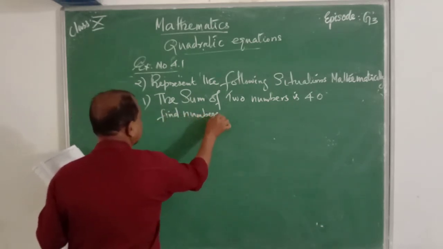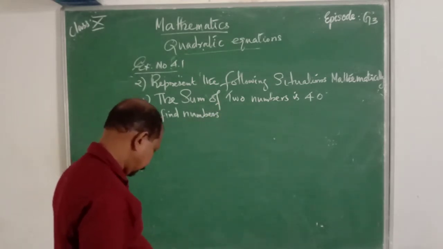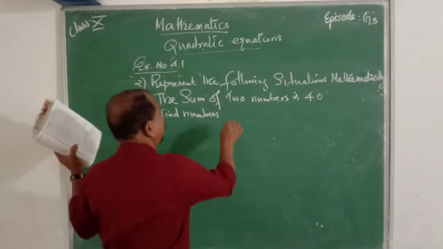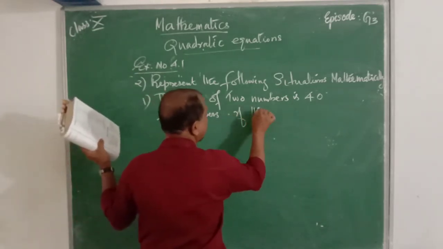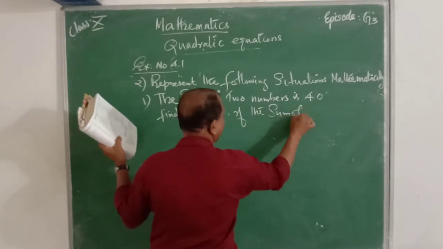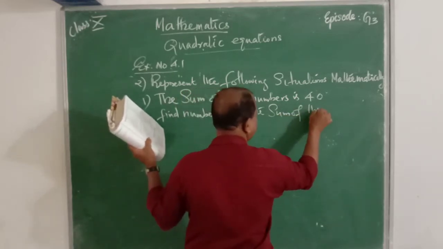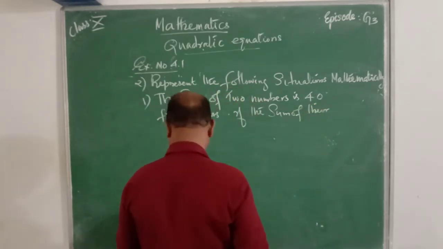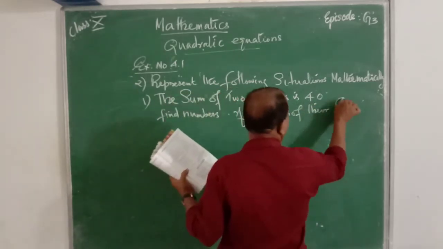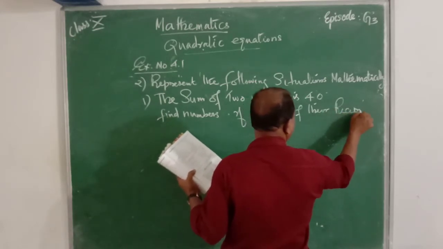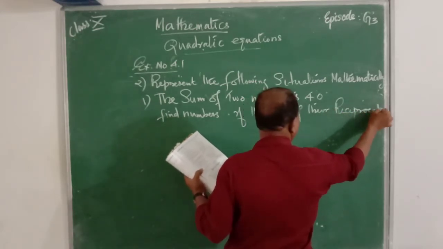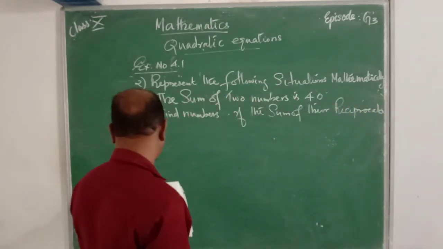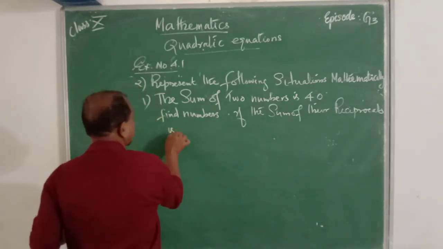Find the numbers if the sum of their reciprocals is 2/5.